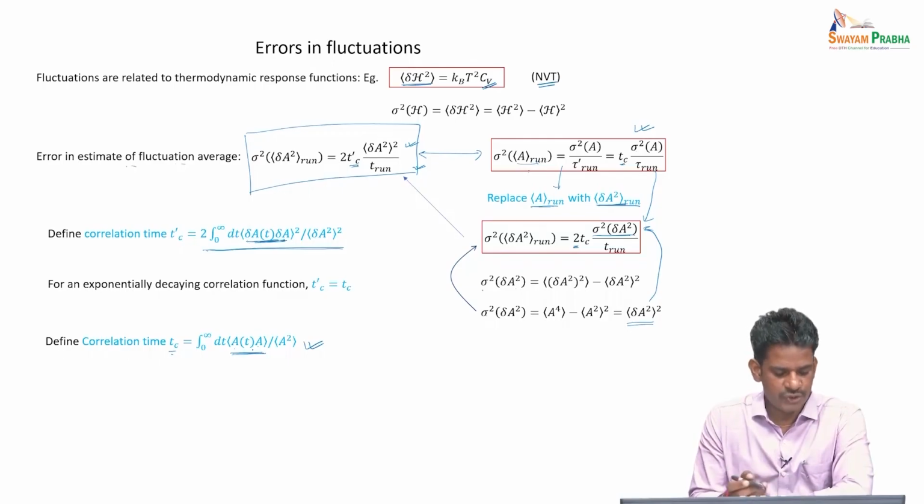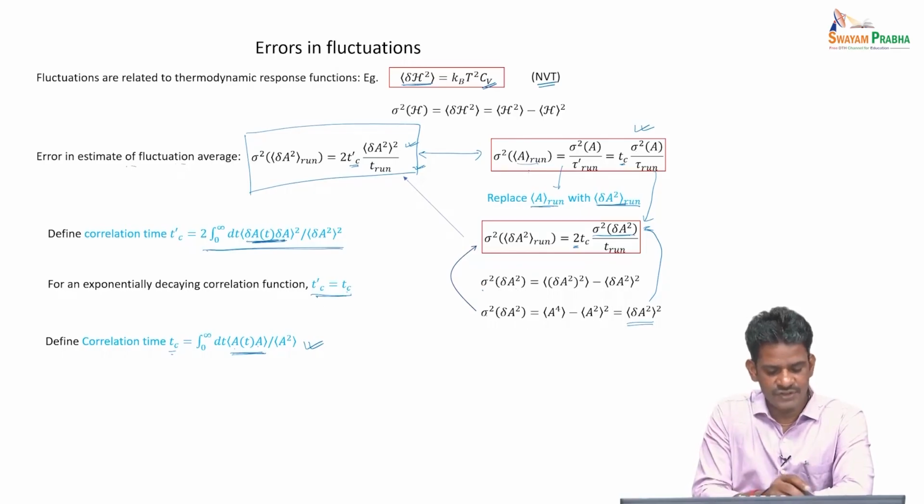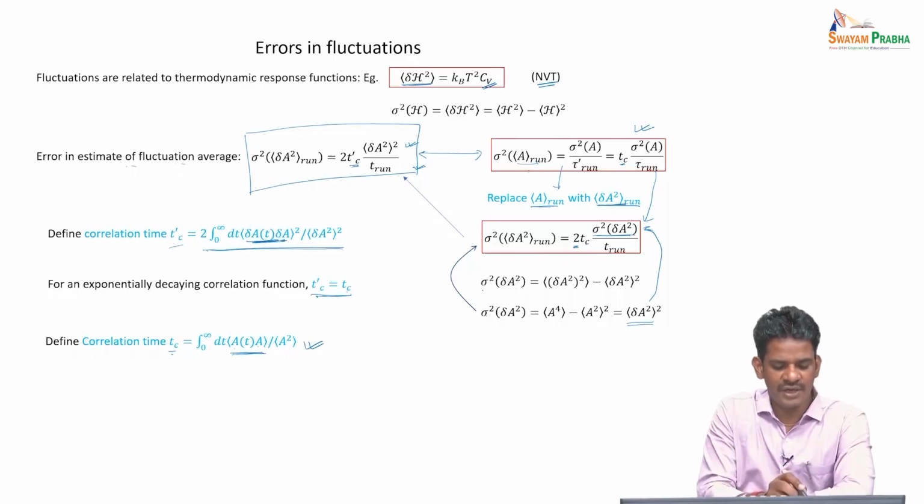And then you can show that if this correlation function is an exponentially decaying function, then we can equate the correlation time of the equilibrium average and the fluctuating average. So both can be taken as the same. If this is not the case, then one will have to calculate the time correlation function for the fluctuation, integrate it, and find the correlation time.